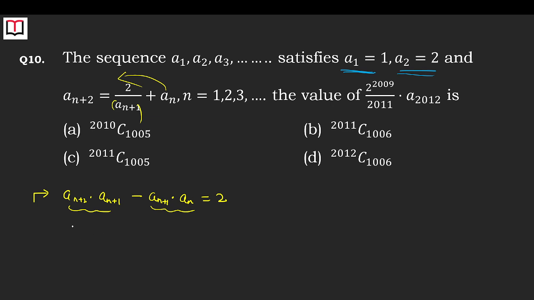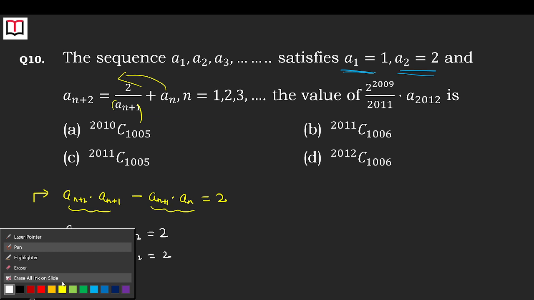So if I put the value n as 1, it's a3 into a2 minus a1 a2 is equal to 2. Similarly, if I write next one, a4 a3 minus a3 a2 is equal to 2. Now see, the terms will start getting cancelled, not vertically, diagonally.